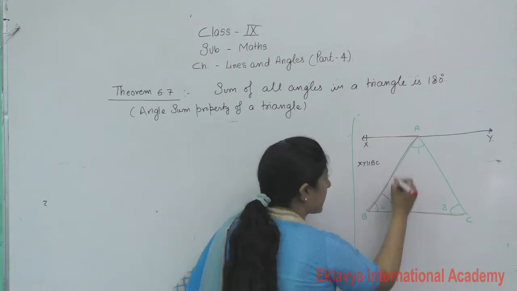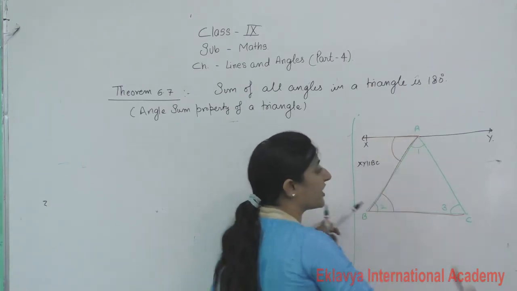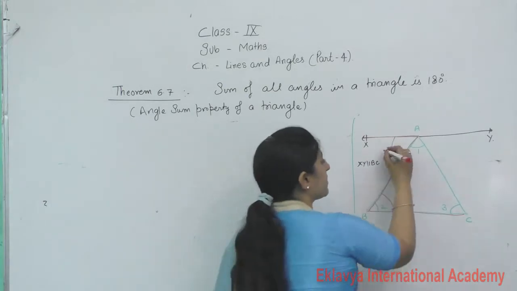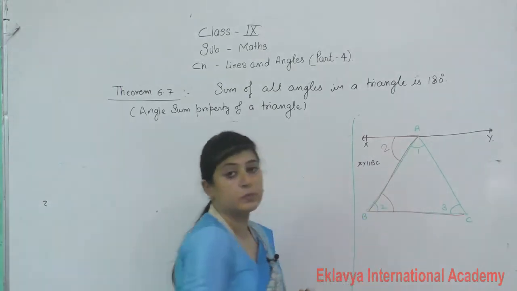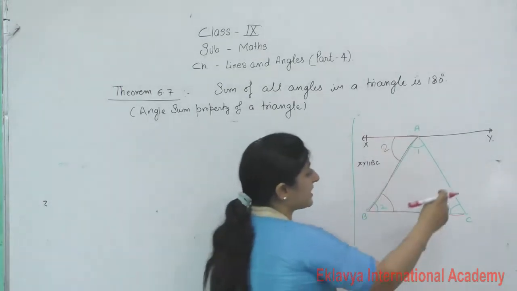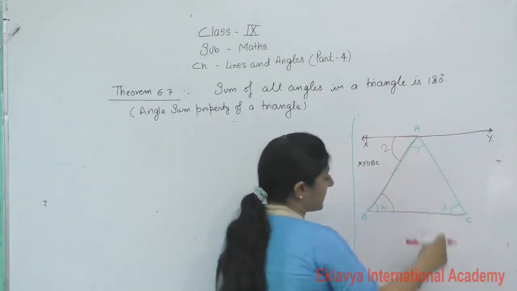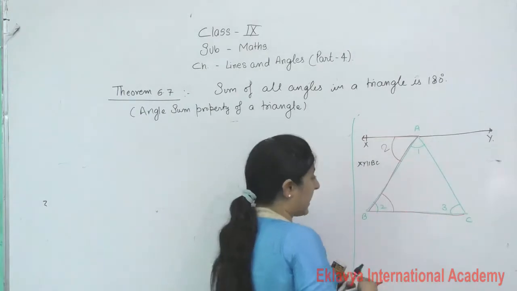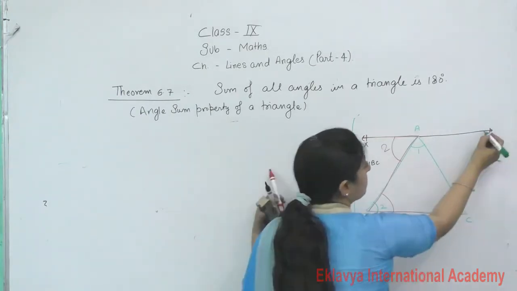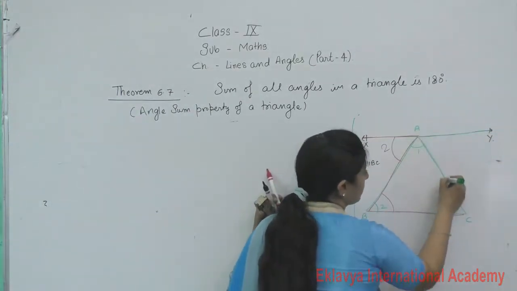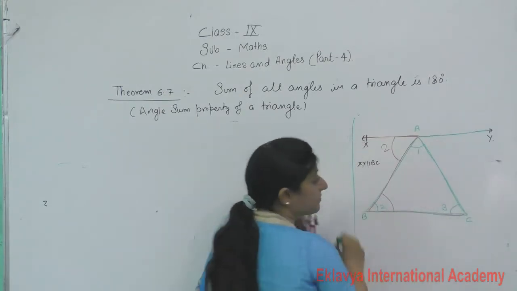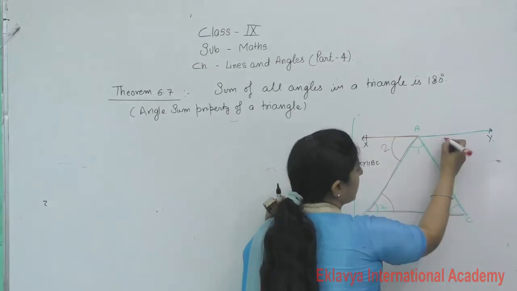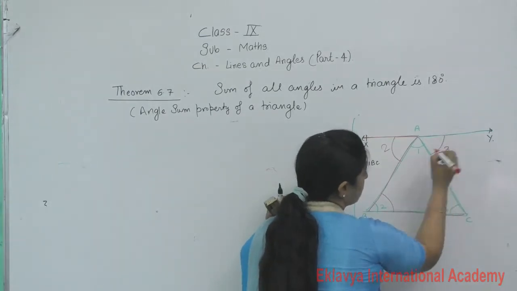It means this angle and this angle are alternate interior angles. This angle 2, then this also angle 2. Similarly, see on this side, XY and BC are parallel. If I take AC as transversal, then it becomes like this. It means this angle 3, then this also angle 3.